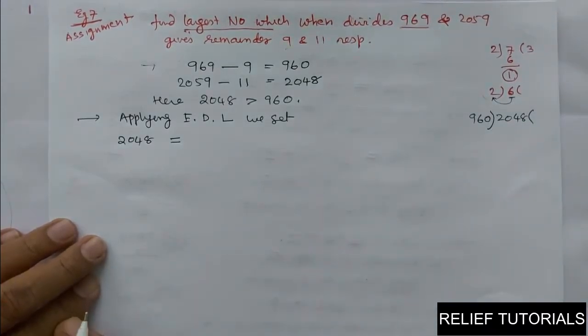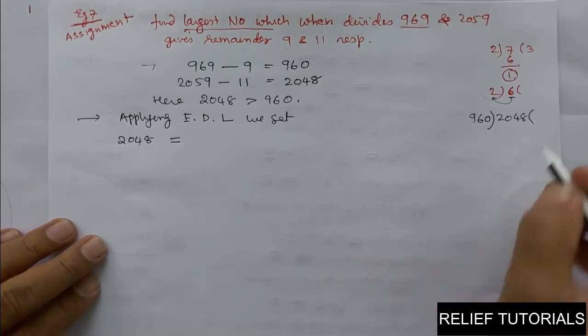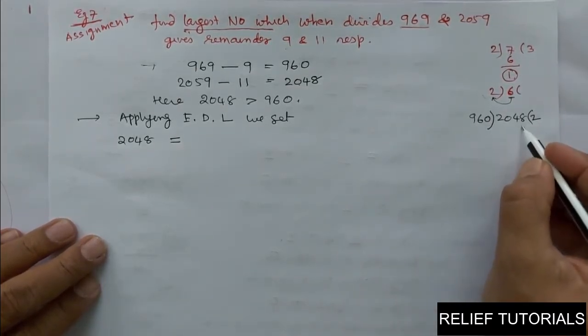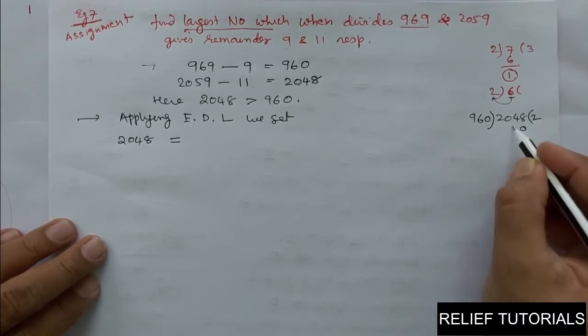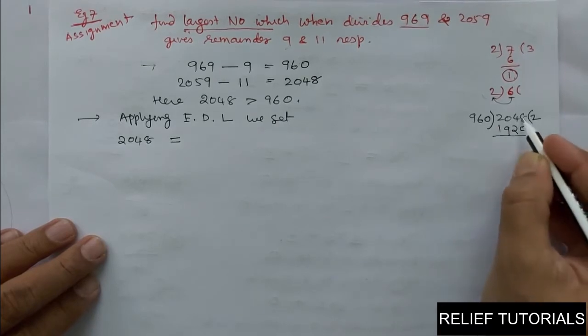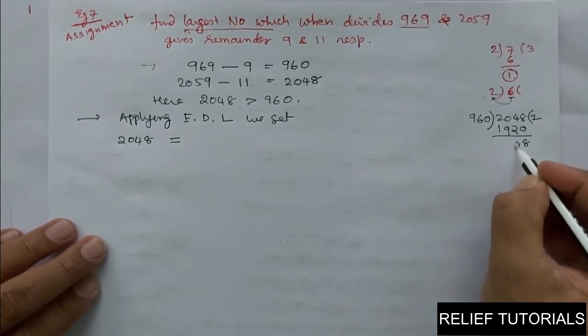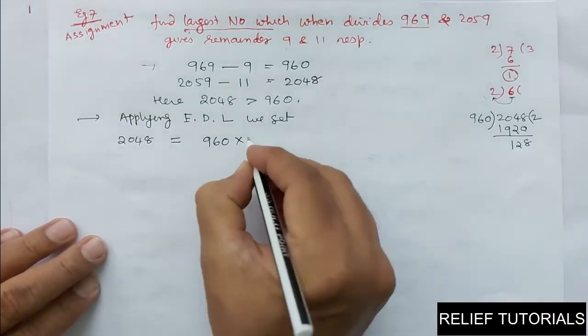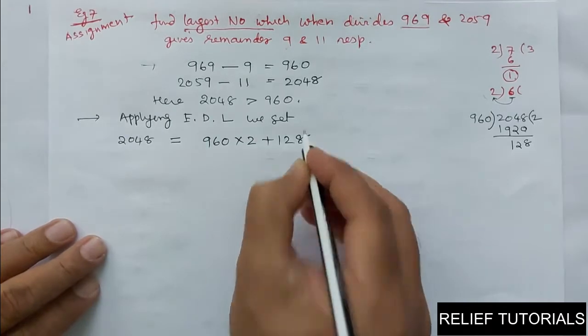In this way you have to divide. So it will be 2 times. 0, 6 2s are 12, carry 1, 9 2s are 18 and 19. 190. 8 minus 0, 8, 4 minus 2, 2 and 10 minus 9, 1. So 128 will be the remainder. So we can say 2048 equals 960 into 2 plus 128.